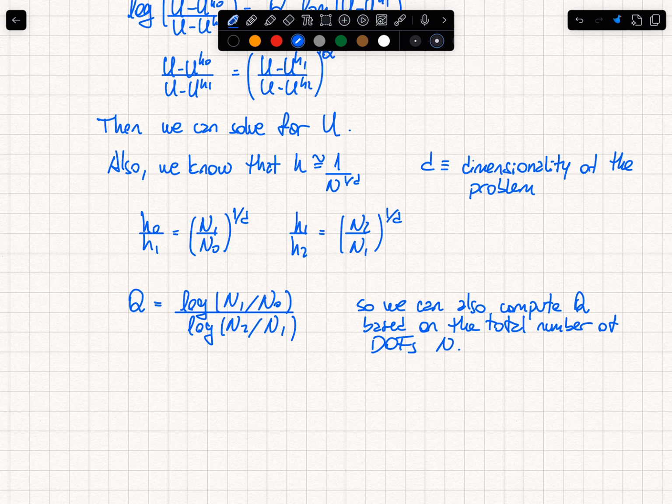So you go finer, and then you discard the coarser, right? So you always take your three most refined meshes to do this computation, and then you get more and more accurate results for the exact strain energy. And now you have a way to figure out whether your solution makes sense, because now you can do convergence analysis on problems that do not have an exact solution.